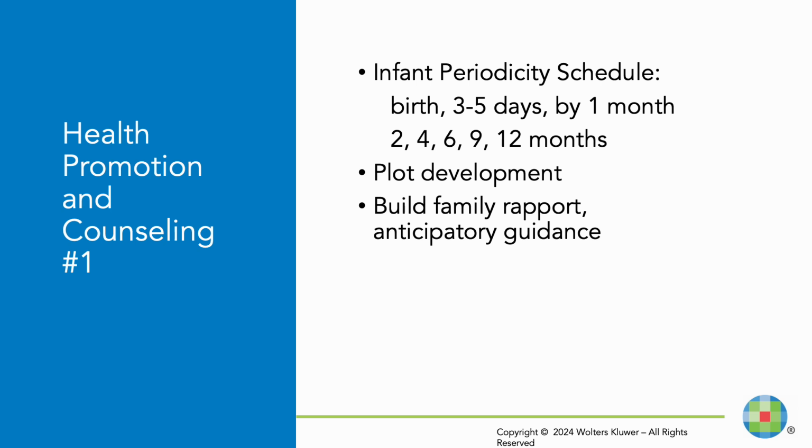So now, what are some things we can do for health promotion and counseling? Well, number one, you should plot a development chart, an infant schedule. What should parents be expecting from birth? 3 to 5 days, 1 week of life, by 1 month, 2 months, 4, 6, 9, 12.